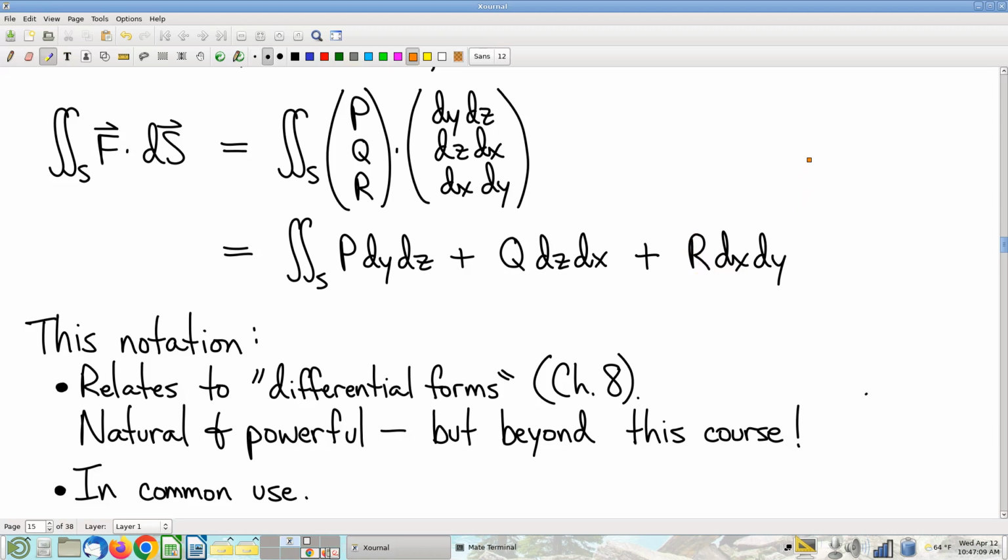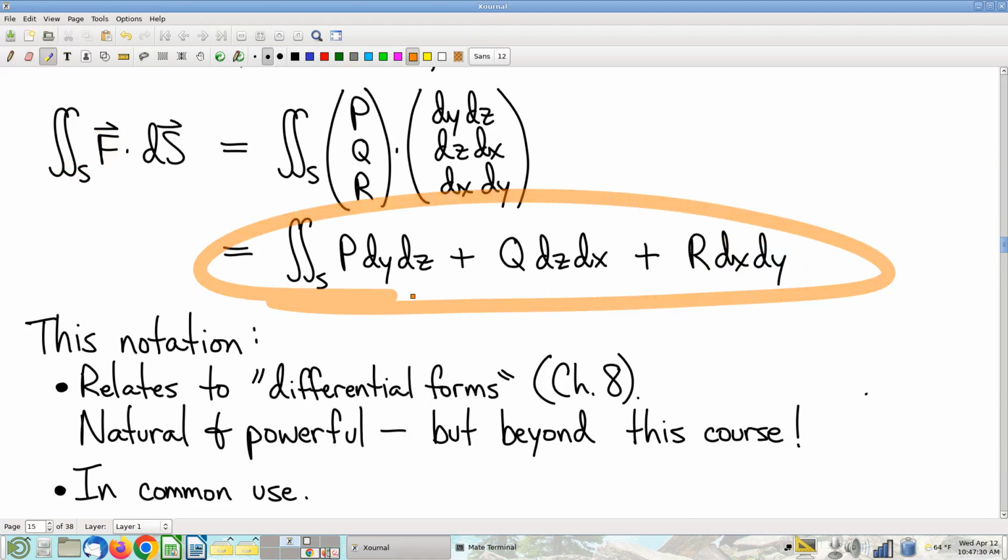And then likewise, what in the world does dx dy mean? I'm not in the xy plane. I'm on a surface. If my surface is angled like this, what sense should I make out of dx dy? There are good answers to these questions. It's just a little beyond what we have time for. But still, less geometrically natural. So this notation, like coordinate line integrals, is clunky and awkward and opaque.